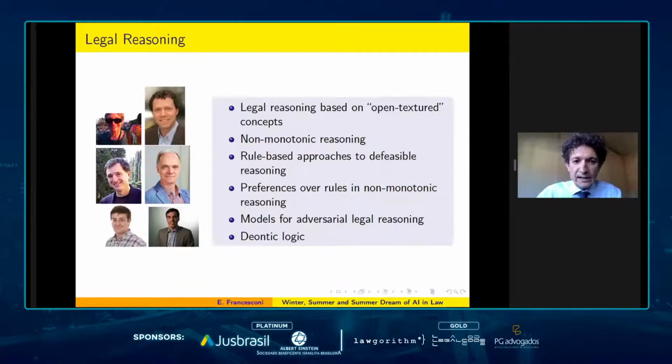And in fact, since that time, lots of research has been developed in several subdomains of AI and law, for example, legal reasoning, in terms of developing profiles for non-monotonic reasoning, rule-based approaches to defeasible reasoning, models for adversarial legal reasoning, and deontic logic.